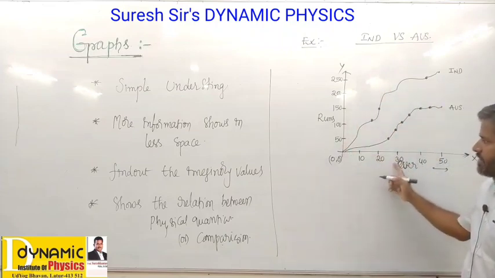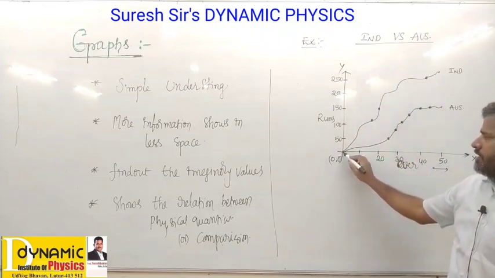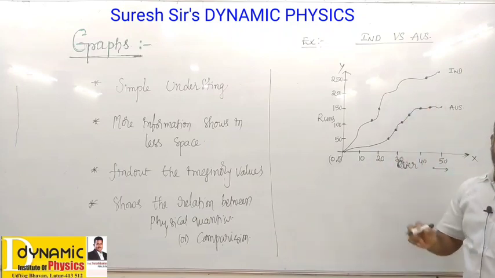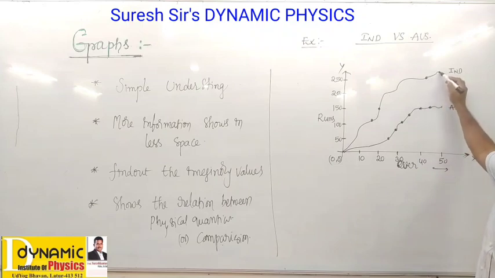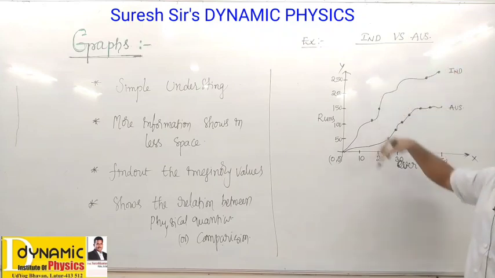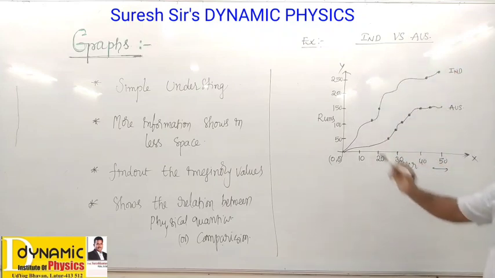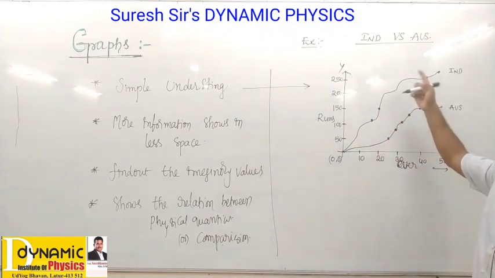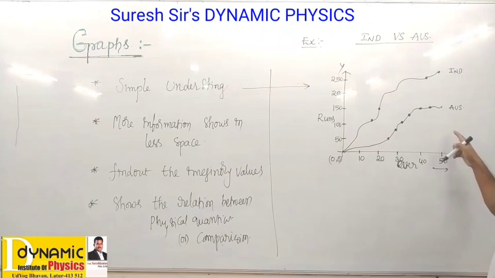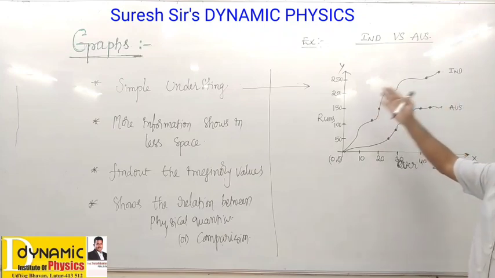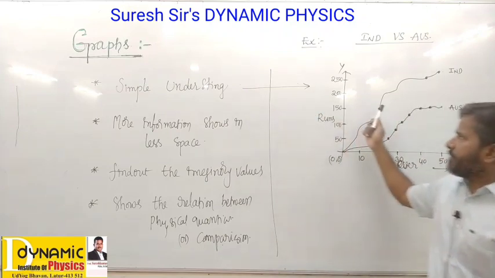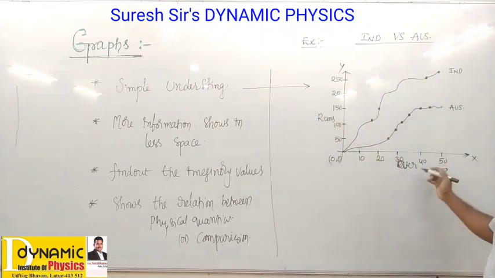With this graph, any student can easily give the result. Suppose we ask which country won this match. Just by observing this graph, we see that India won this match. That is simple understanding; this graph is used for simple understanding.